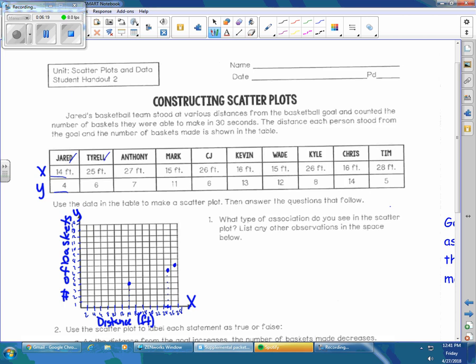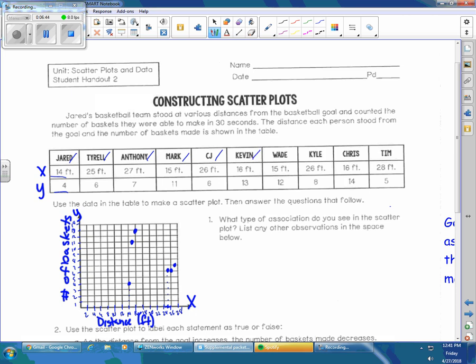Oops. And then Mark is at 15 feet and he got 11. CJ, 26 feet and he got 6. Kevin is at 16 feet and he got 13 baskets.